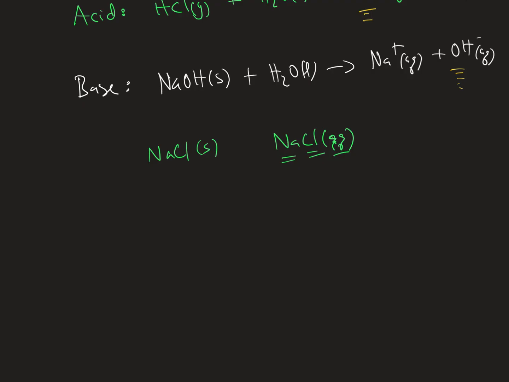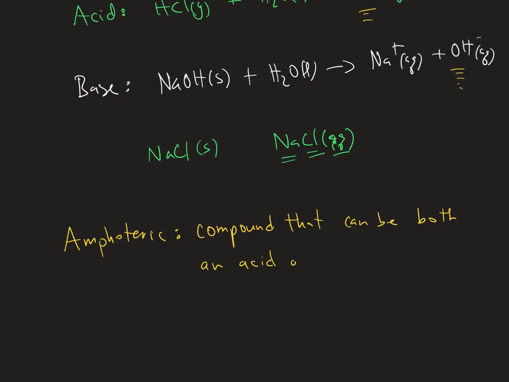Another term is amphoteric. Amphoteric is a compound that can be both an acid or a base.